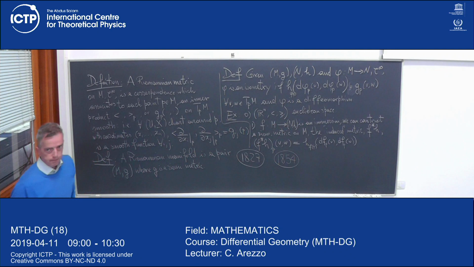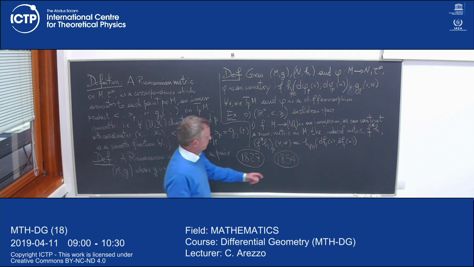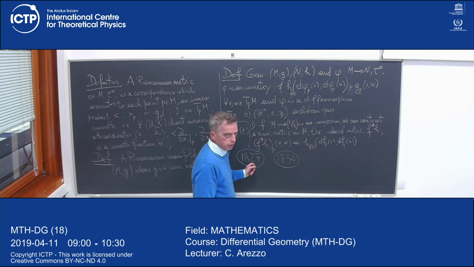But by no means does this have the same clarity. If you take the Gauss book on surfaces, you can actually study it. If you just knew Latin, I recommend you study on Carmo because it's written in English. If you take Riemann's dissertation, it was a kind of habilitation for becoming professor, essentially. He wrote a thesis on what we now call Riemannian geometry, in very, very few pages and very obscure.